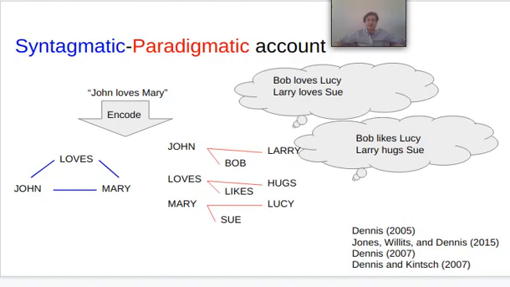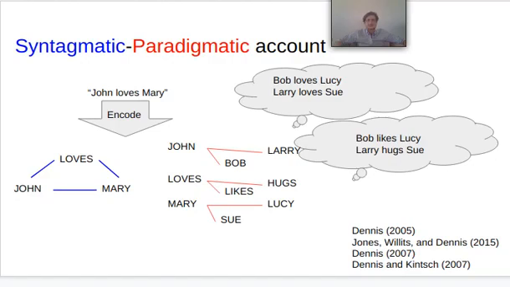In the syntagmatic paradigmatic, or SP framework, two kinds of association are assumed. One kind, syntagmatic, forms between concepts that occur in the same context. For instance, John, loves, and Mary would be associated if seen in a sentence. The other kind of association, paradigmatic, forms between words that appear in the same serial position across sentences with the same neighboring words.